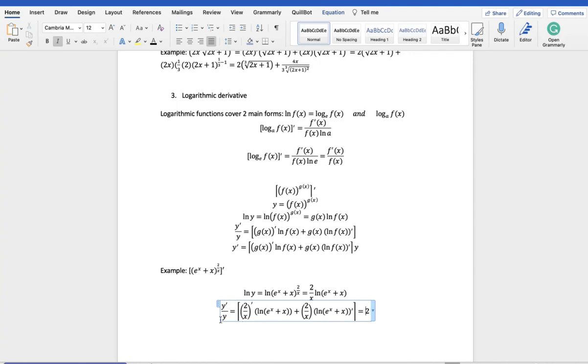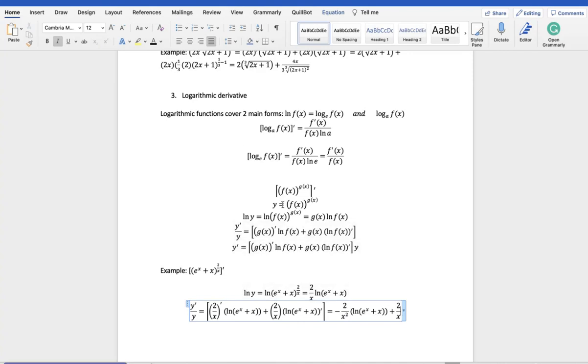So that derivative will just be equal to negative 2 over x squared multiplied by ln of e to the x plus x, plus 2 over x multiplied by the derivative of ln of e to the x plus x.